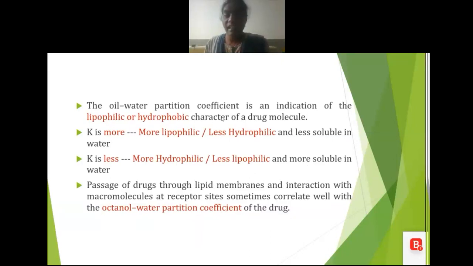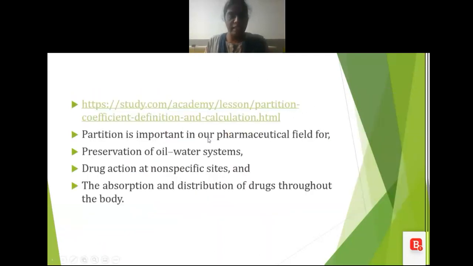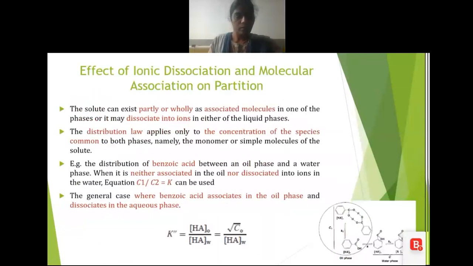Why is it like this? How to calculate the K value? The K value can be calculated using this equation: K is equal to C1 divided by C2.